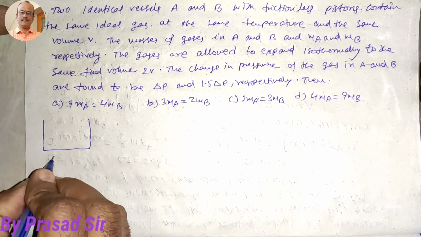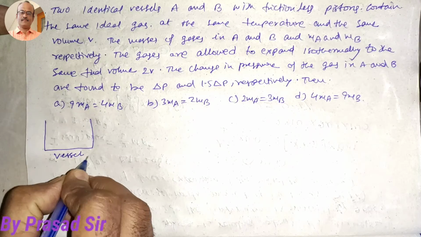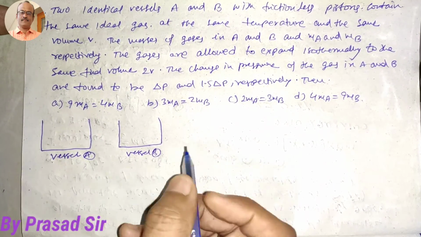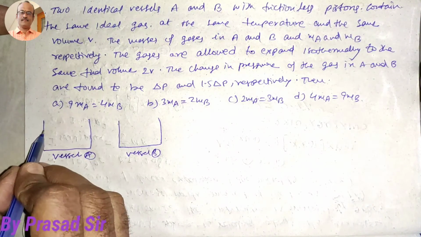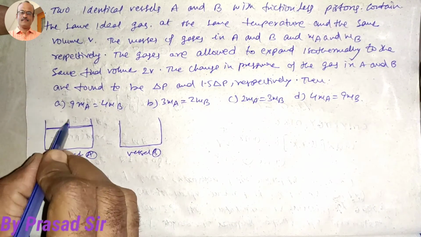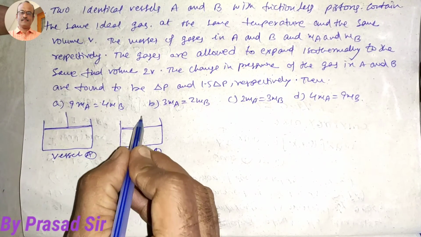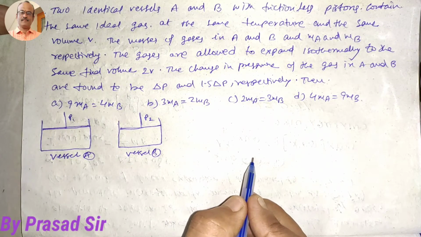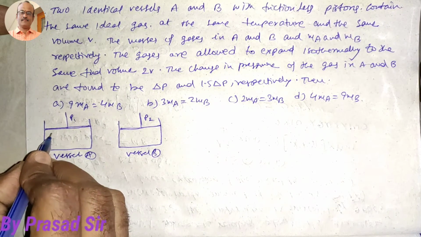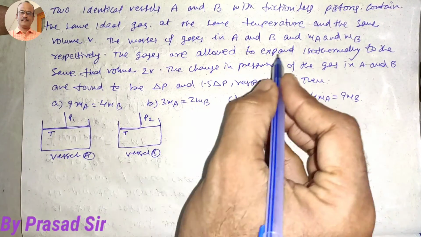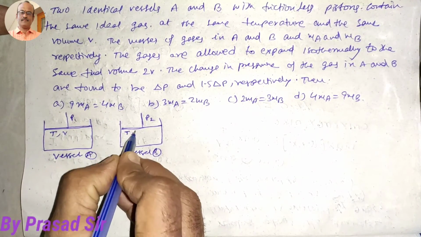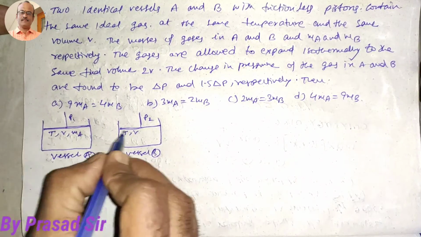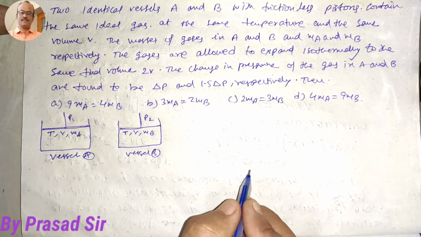There are two vessels. Here this is vessel A and this is vessel B, with frictionless pistons, P1 and P2. Both have the same temperature and the same volume, and the masses are MA and MB.